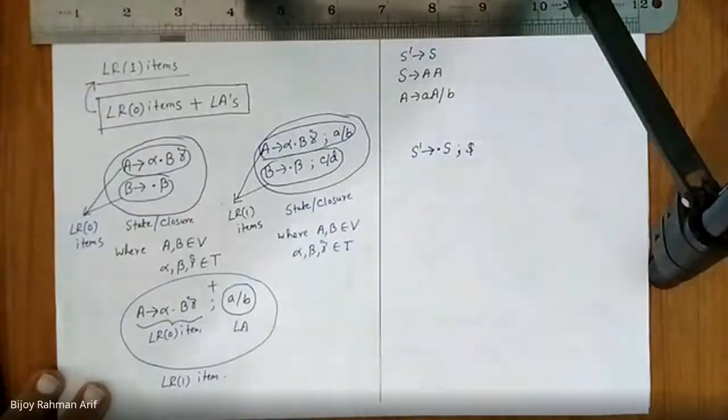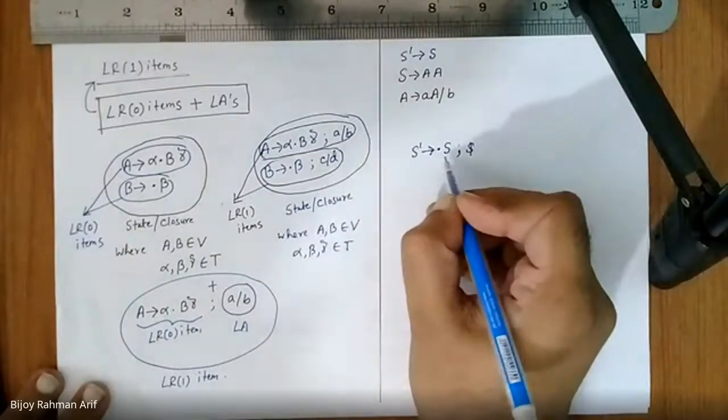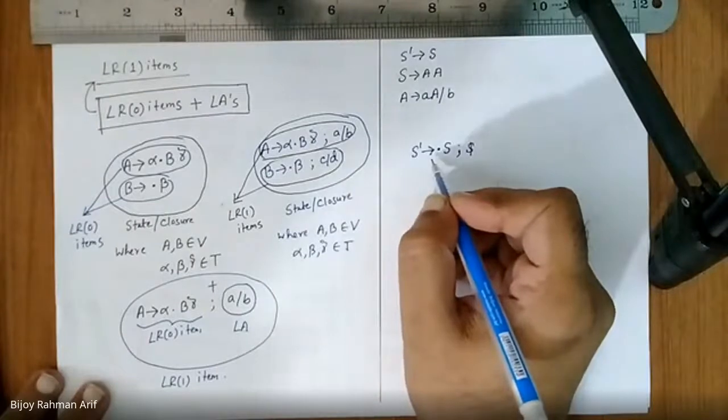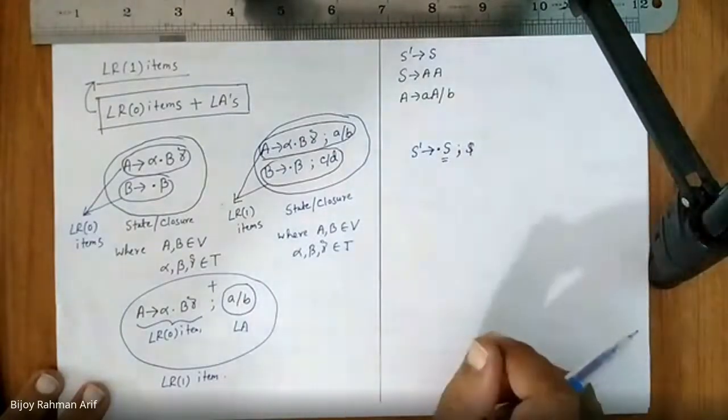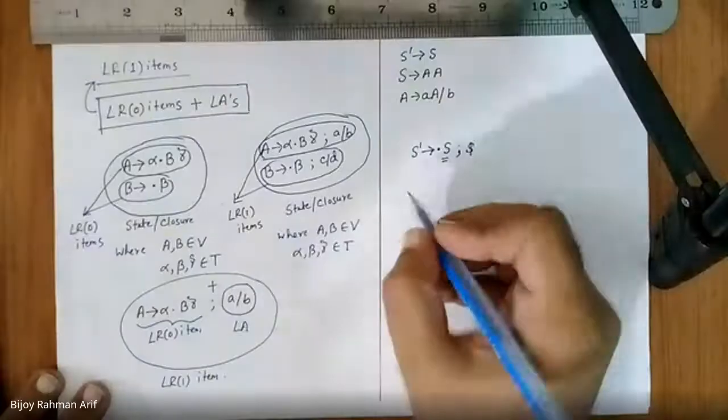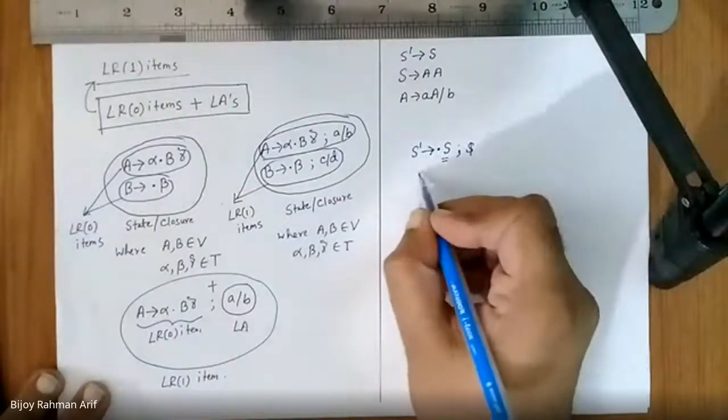Always remember, for the augmented production, when you apply the closure, it always starts with look ahead dollar. Then what is after the closure operator? Capital S. Yes, so I have to add all the productions that start with capital S.